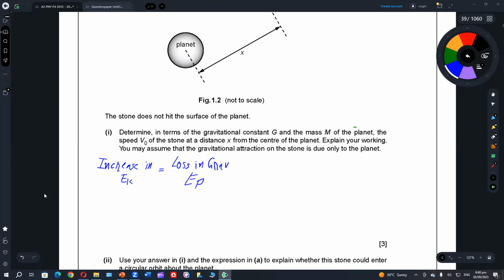When something is approaching the center of a planet, its kinetic energy increases. So if I put the formula, half mv squared is equal to, the formula for gravitational EP is GMm upon, normally it is r, but today here I have to see what should I write. Should I write r or should I write x?